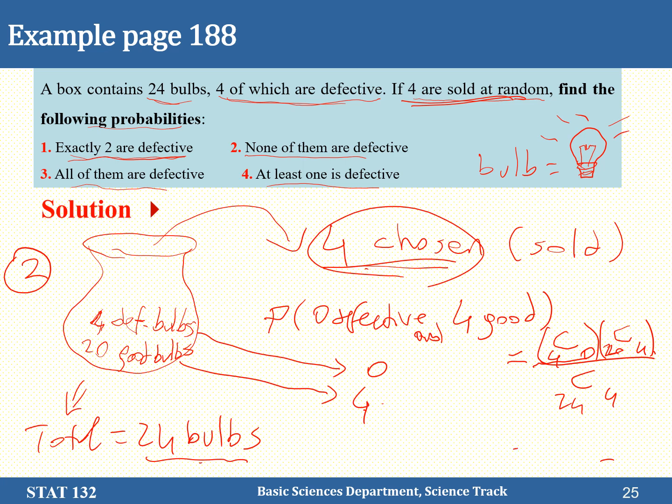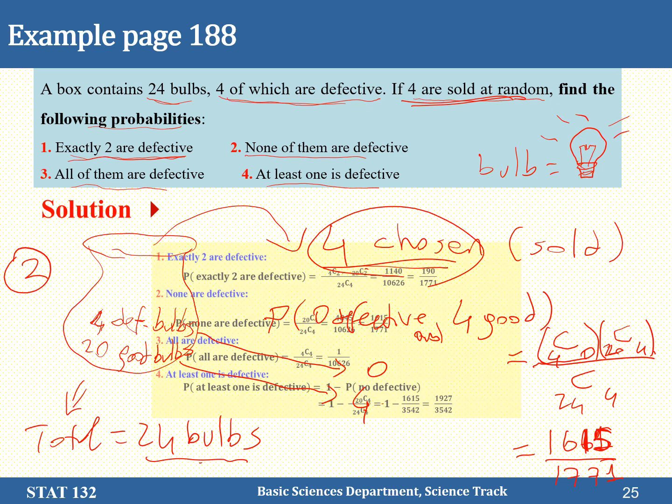And this will give you 1661 divided by 1771. Sorry, this has to be 5 here. I noticed that.